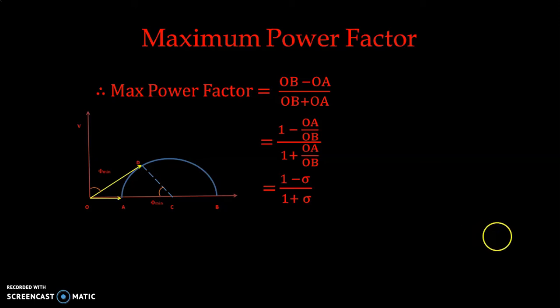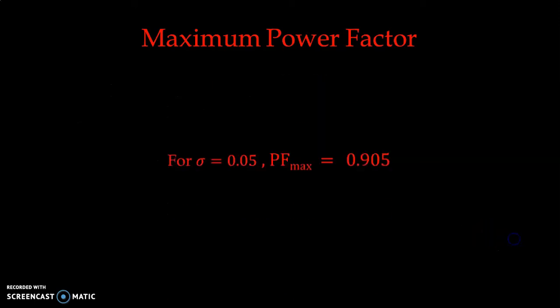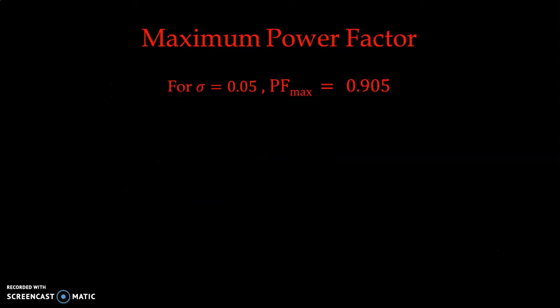So let us substitute some values. For example, if we take dispersion coefficient as 0.05, then maximum power factor is equal to 0.905. And if we take dispersion coefficient 0.1, so we have doubled the value of dispersion coefficient from 0.05 to 0.1, then our maximum power factor is equal to 0.818.